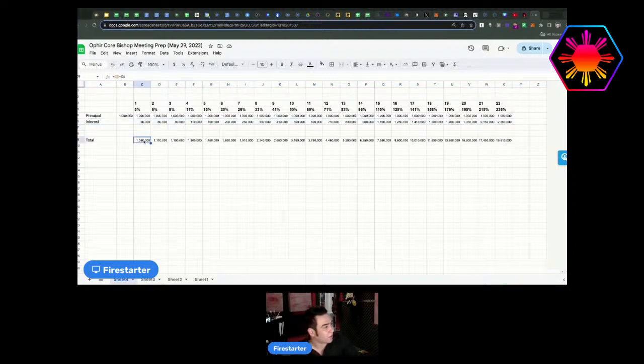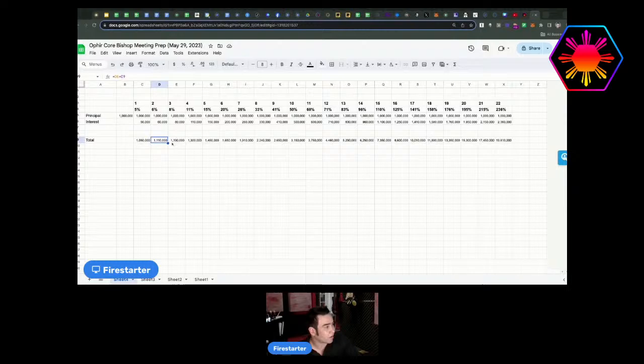And at the very bottom here, I just laid out cumulatively what that looks like. With a million staked, on your first year the total would be 1,050,000 Ophir. On the second year, if you add in the 60,000 that you make to the principal plus the interest of the first year, you would get 1,110,000.